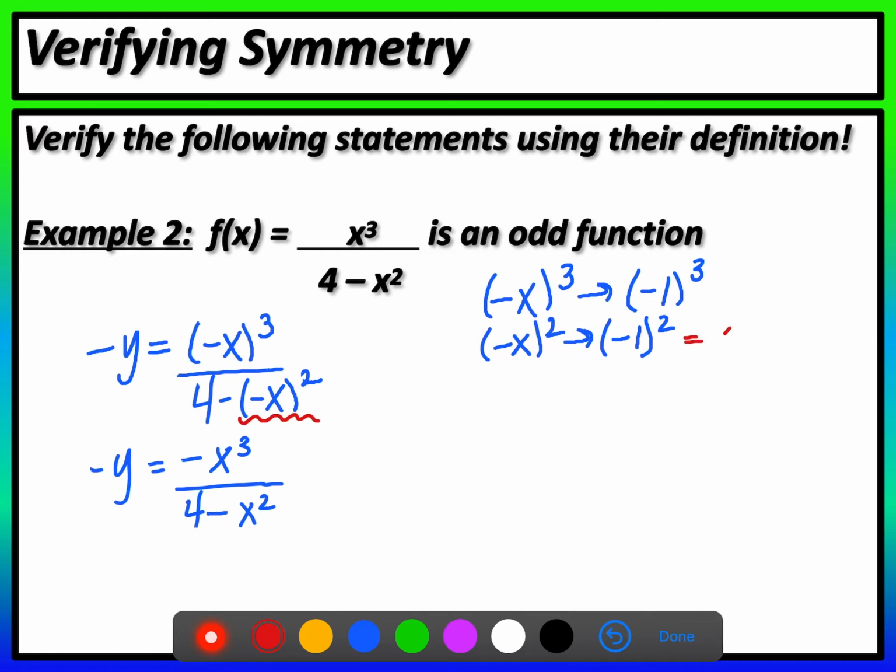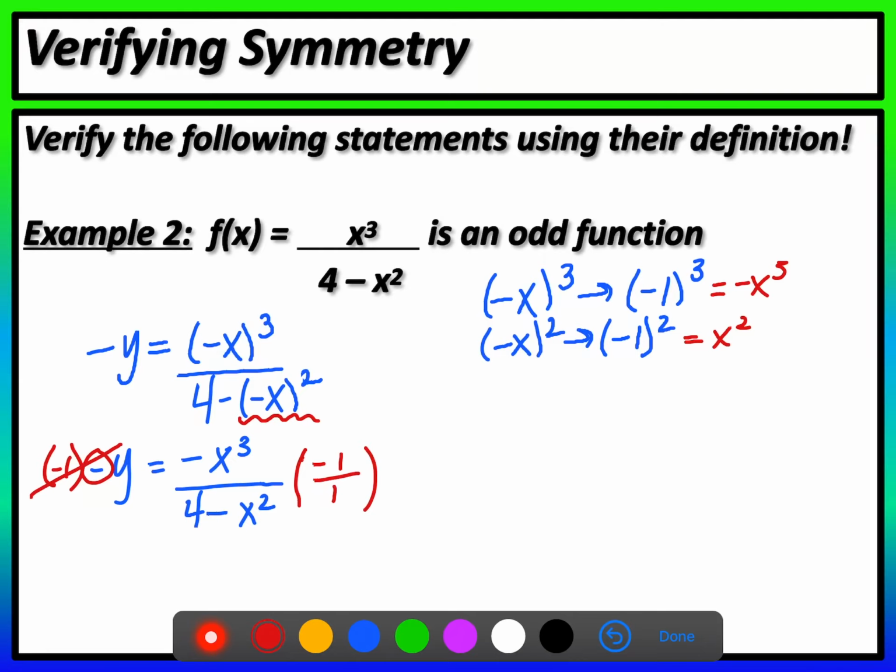Okay, so this portion here is going to be an x squared, but since it's 4 minus, it's still appearing as 4 minus x squared. Now these negatives you can actually multiply or divide out to get rid of this negative 1.